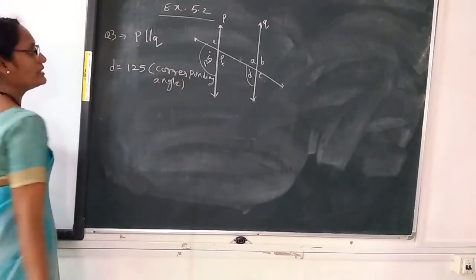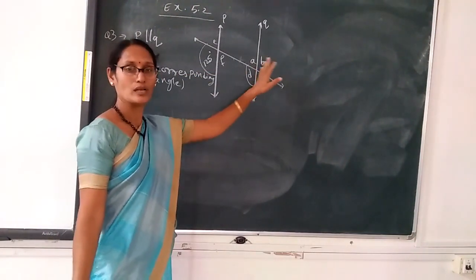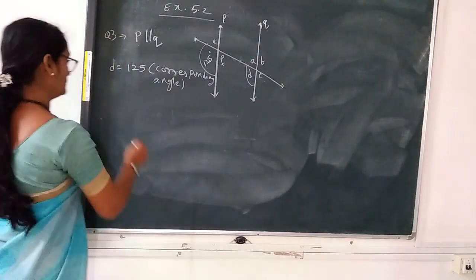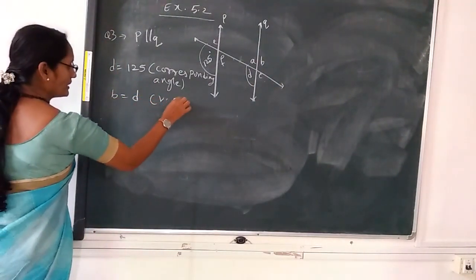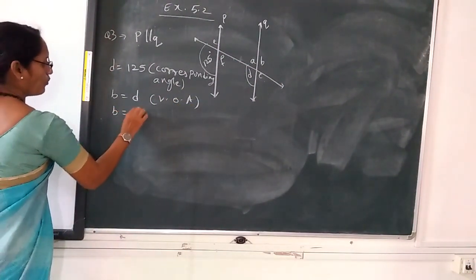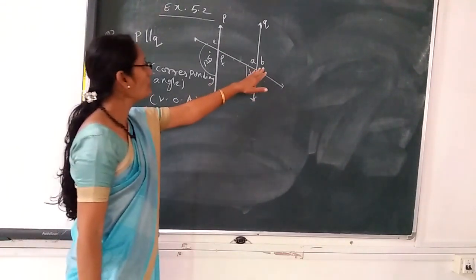Now B and D are equal. Why? Vertically opposite angle. So B is equal to D, reason: vertically opposite angle. Therefore D will be equal to 125 degrees. Got it?